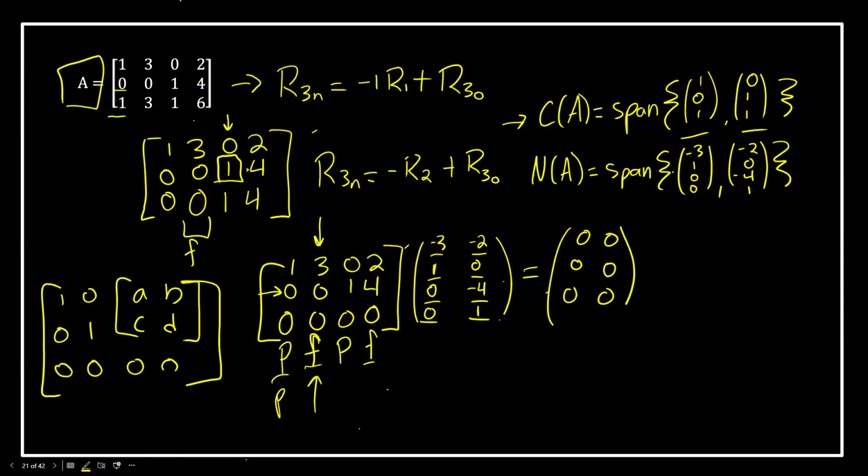Yes. So the method I showed for this problem is the general method for any type of matrix. This method is only useful when you have the pivots right next to each other like this, and then the free variables afterwards. But you can see there's a similar pattern that emerges because we have our free variables in these specific locations.